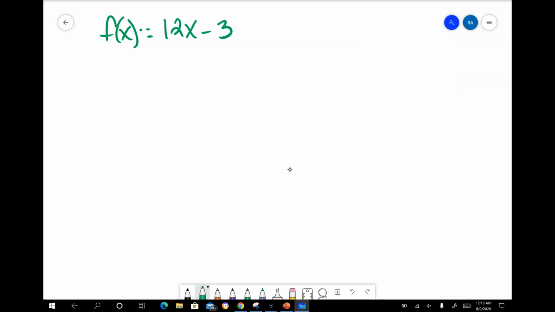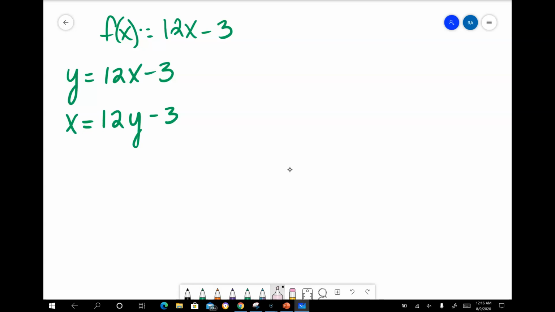Okay, so step 1 is to change f of x to y. So we're going to switch f of x to y equals 12x minus 3. The next step says to switch your x and your y's. So now I'm going to have x equals 12y minus 3.